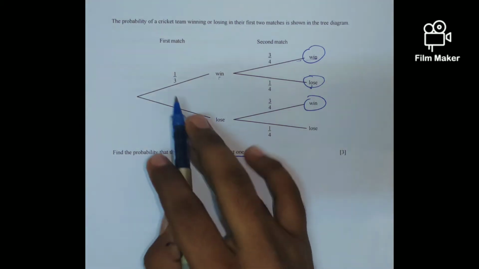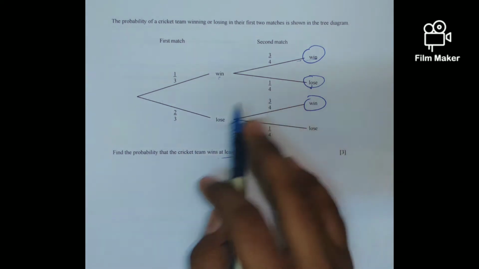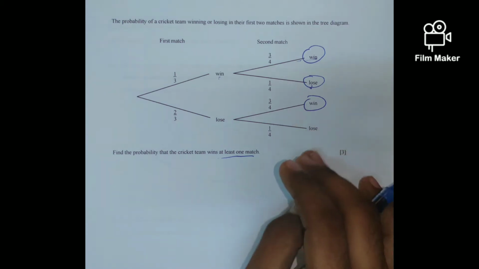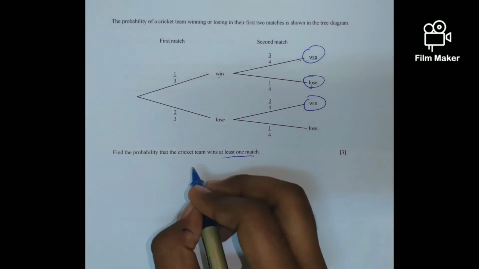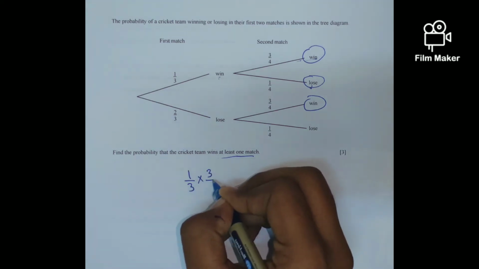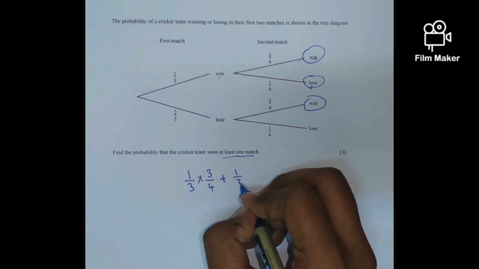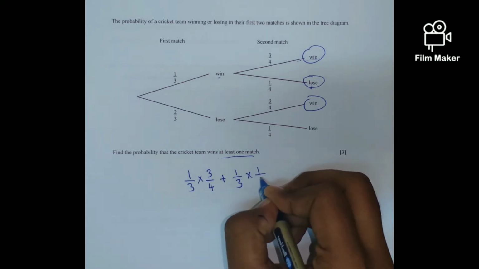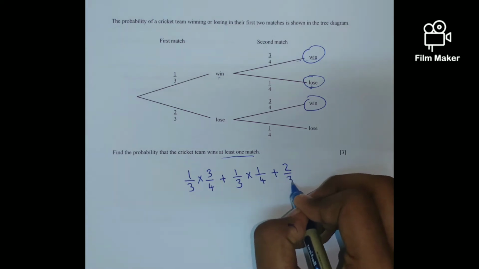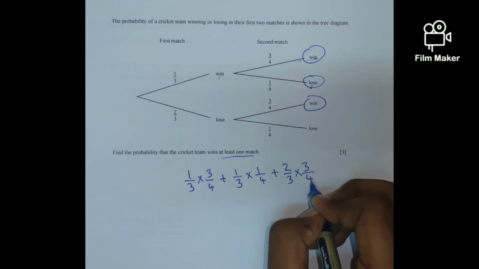So we'll multiply 1 by 3 into 3 by 4, and 1 by 3 into 1 by 4, and 2 by 3 into 3 by 4, and add them up. So it would be 1 by 3 into 3 by 4 plus 1 by 3 into 1 upon 4 plus 2 by 3 into 3 by 4.